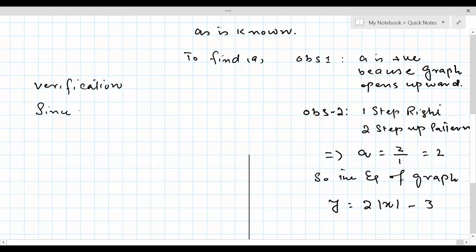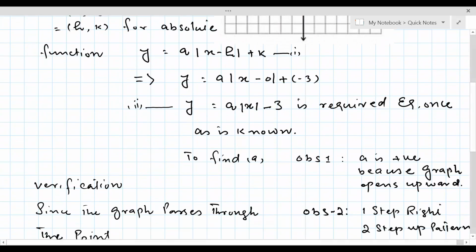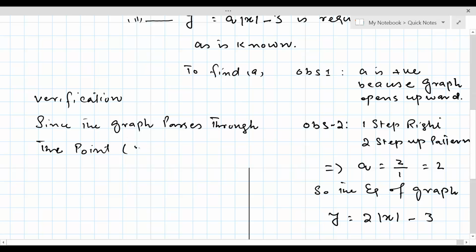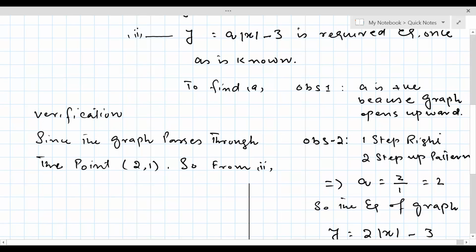Since the graph passes through the point (2, 1), which is given on the graph, from equation 2 we can put the values for x and y for this point.